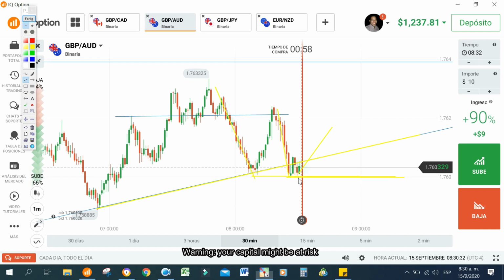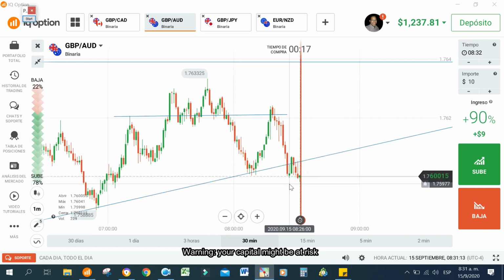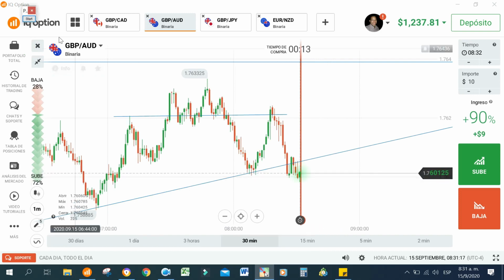So let's wait, because we can make a call option here if the price closes above this level. We can make a call option. Okay, so I'm just waiting for this level to be broken.